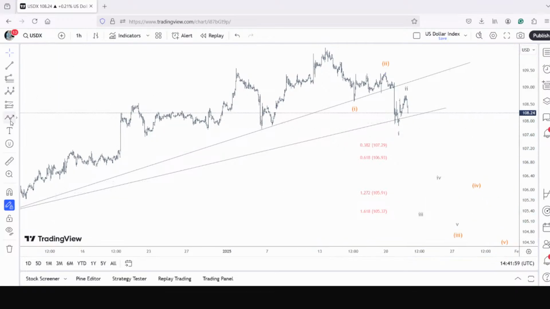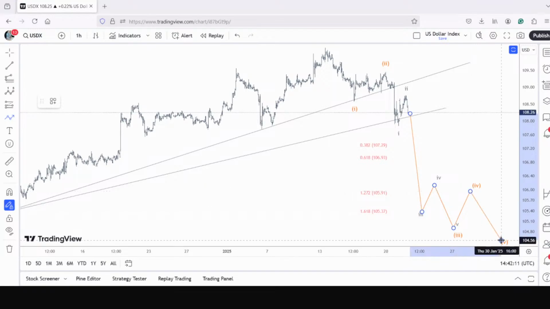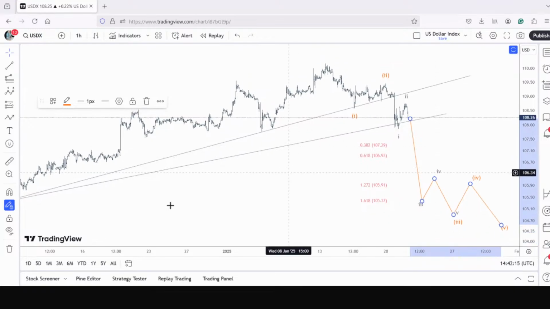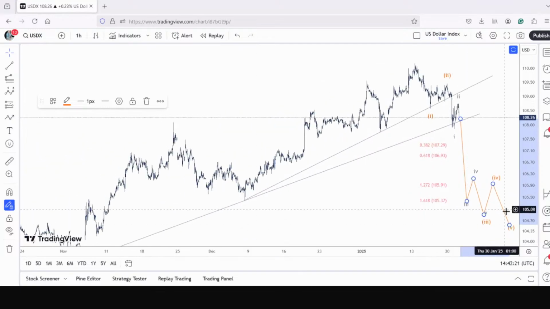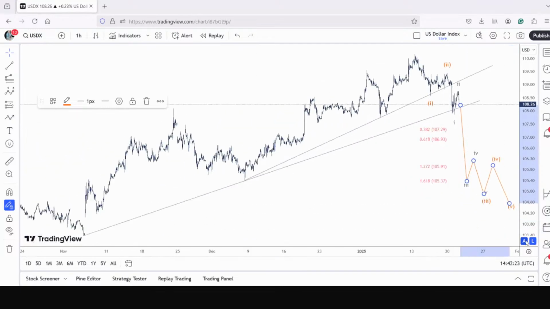So the path, and wave 5. Believe it or not, wave 5 should be taking out a major support out there, which should be in line with the Fibonacci ratios as well.